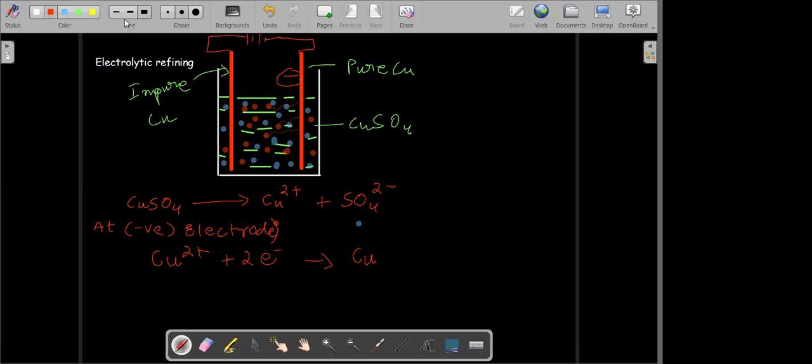So it's like a copper from the impure copper jumping out into the solution, and one copper ion moving from the solution into the negative electrode. Got it?